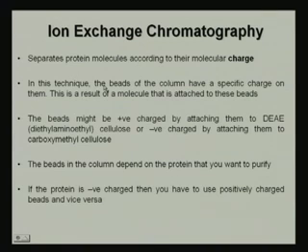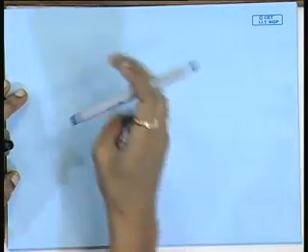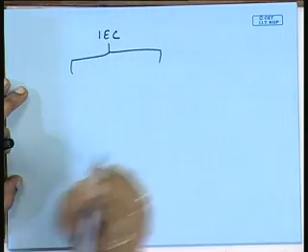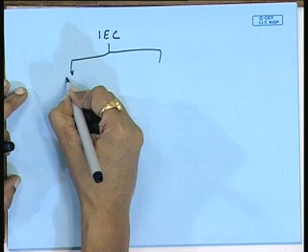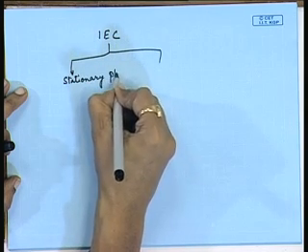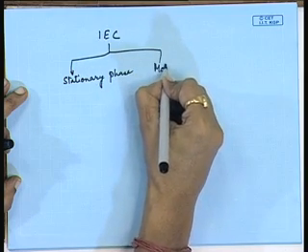This is the technique. The beads of the column have a specific charge on them, and this is a result of a molecule that is attached to these beads. That means, we can divide this ion exchange chromatography into two: one is called the stationary phase, another is the mobile phase.